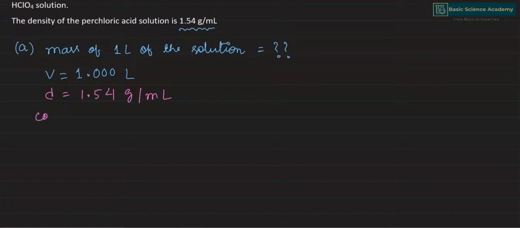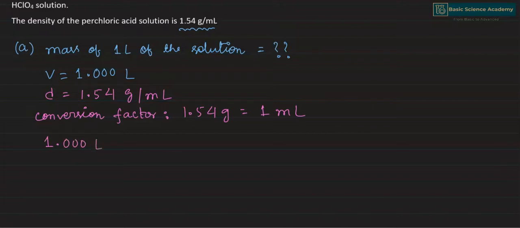So the conversion factor that we get from the density of the solution is 1.54 gram is equal to 1 ml. Since we are given 1 liter of the solution, we will start from 1 liter of the solution.